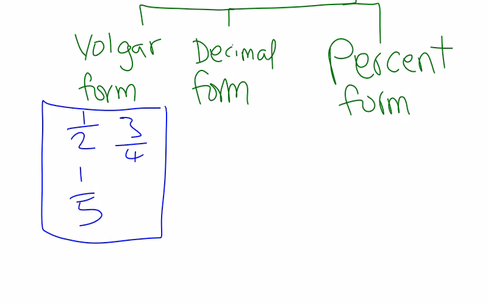Now, let's proceed and see how they look in decimal form. 1 over 2 in decimal form is expressed as 0.5. How do you get the decimal form of a fraction? It's simple. Just use your calculator and enter 1 over 2.